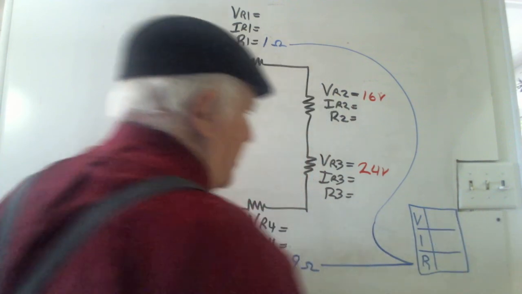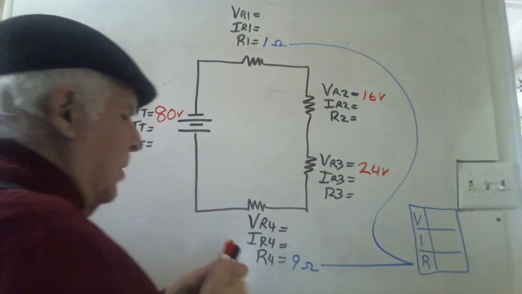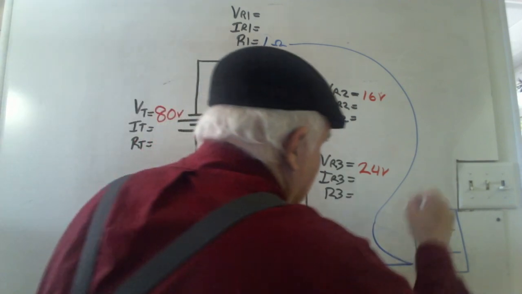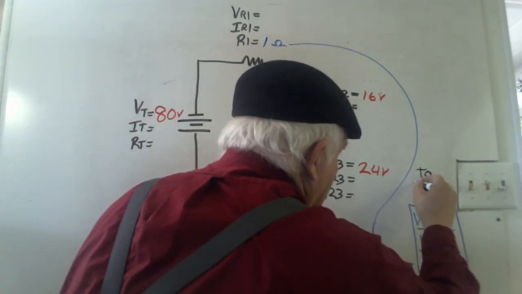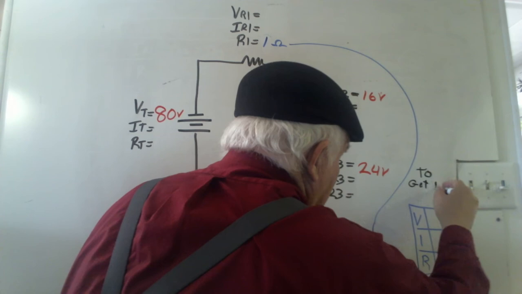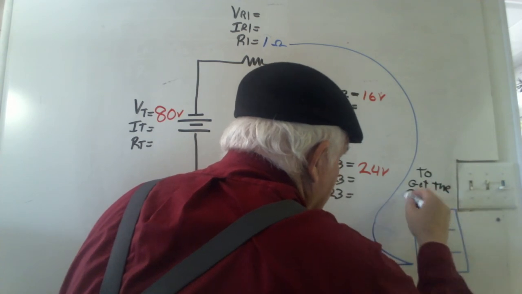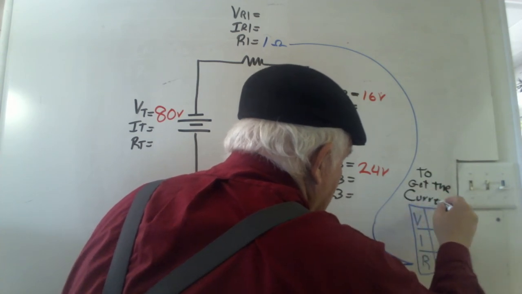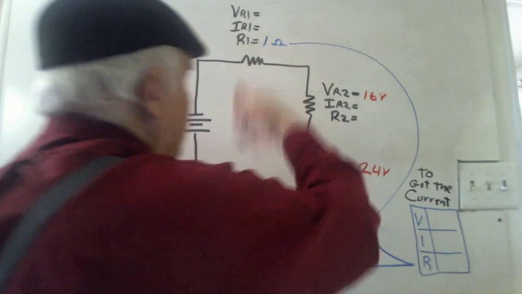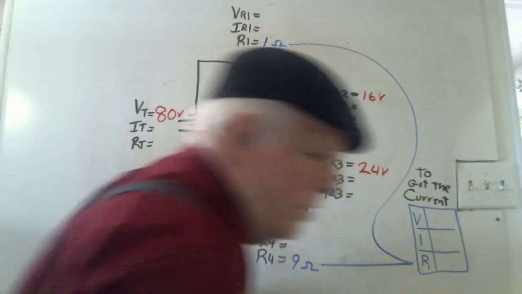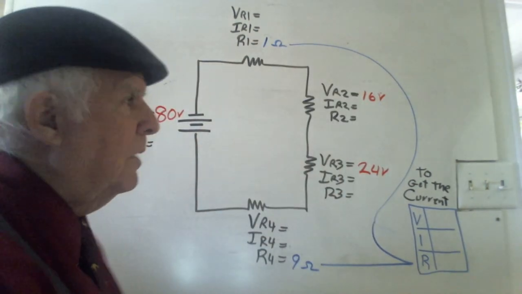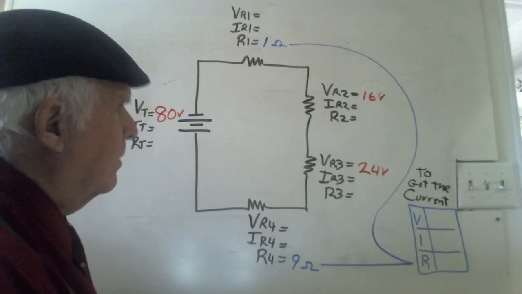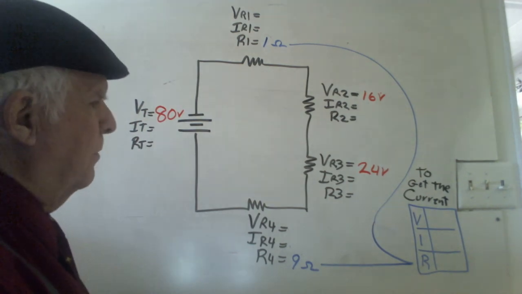And the only purpose for using this VIR box is to get the current. If I can get the current, because I've got one variable at every location, I can easily solve this problem. But it's important for me to get the current. And that's what I'm going to try to do here now.